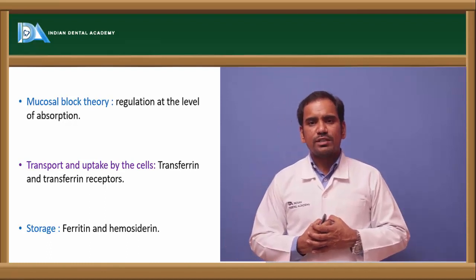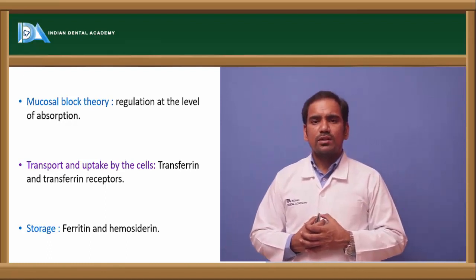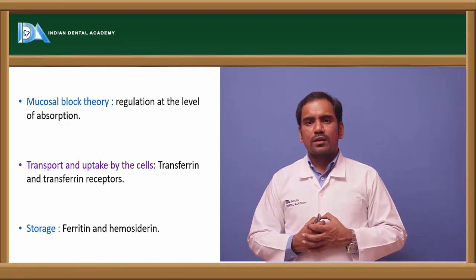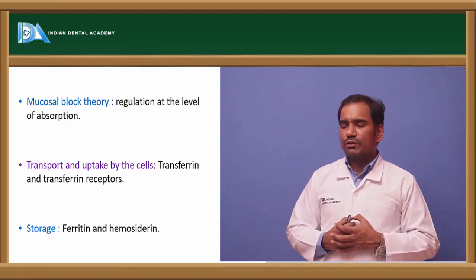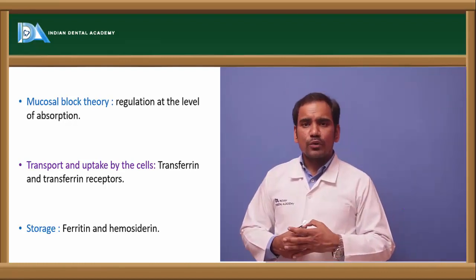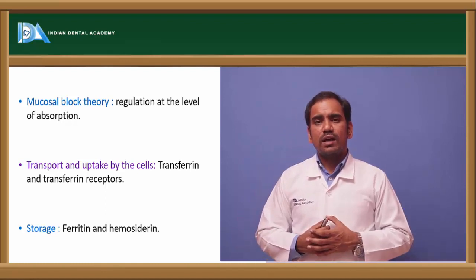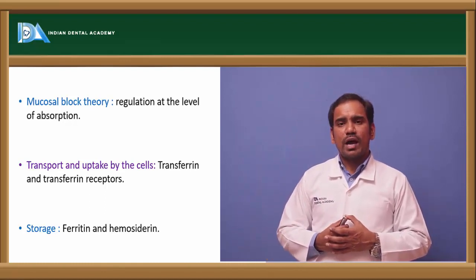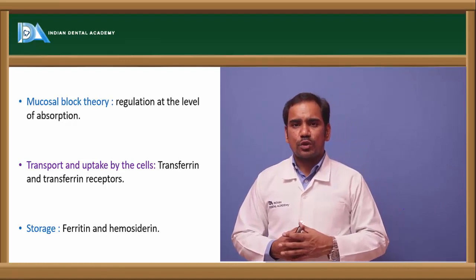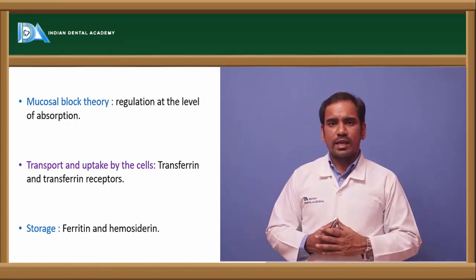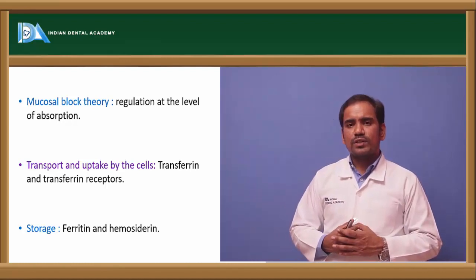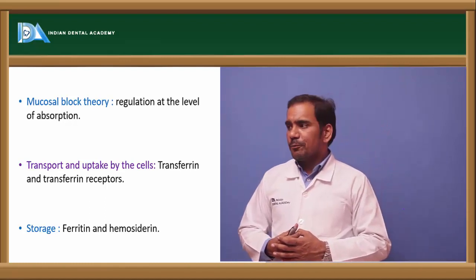This type of regulation in case of iron is called mucosal block. Mucosal block theory is nothing but the regulation of iron at the level of absorption, not at the level of excretion.